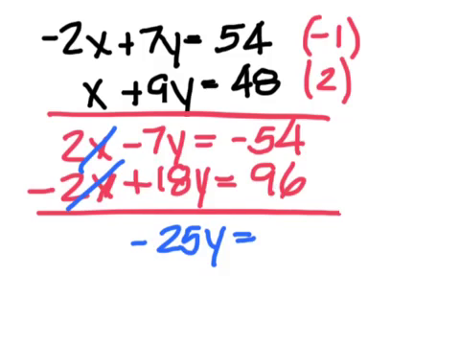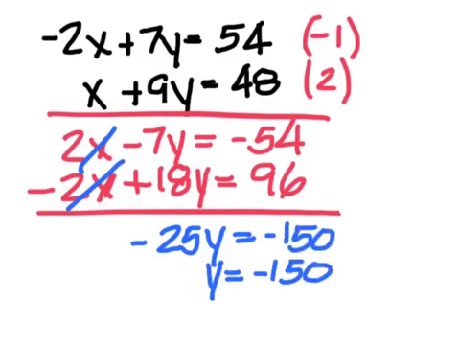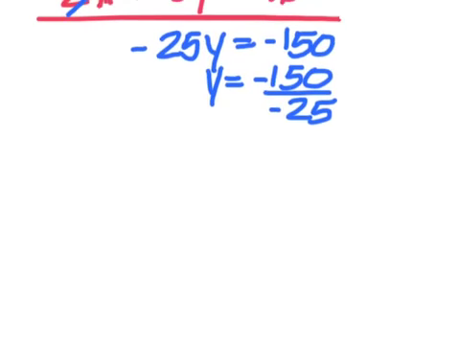So that'll be a -150. So -150 divided by -25 is going to give me what? 6, yeah.